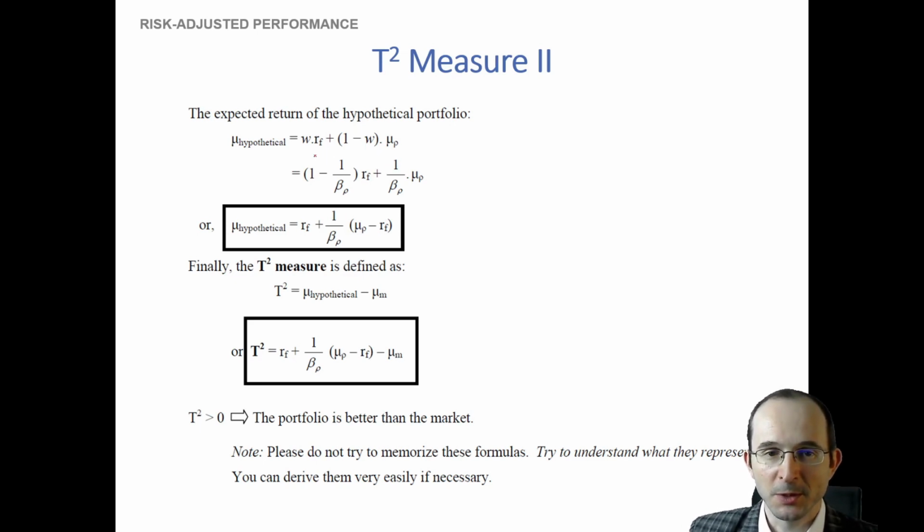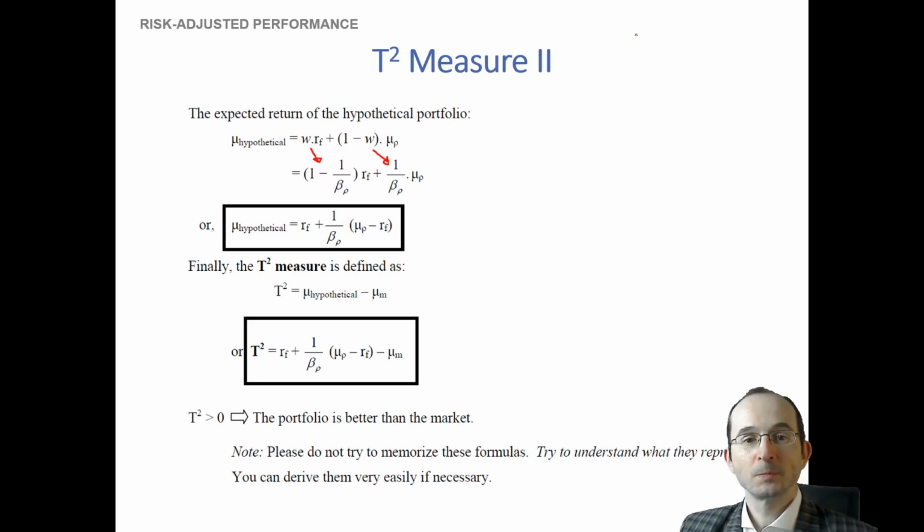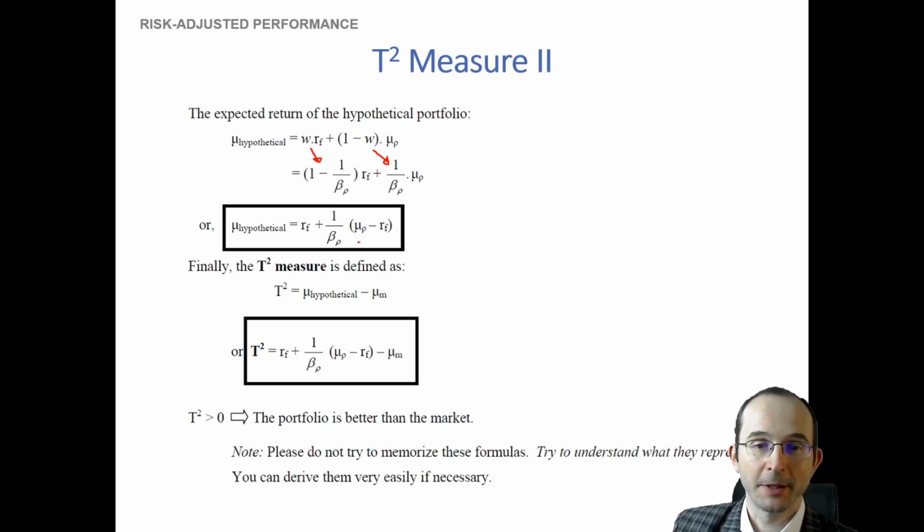Now let's just substitute in our expressions for W and for 1 minus W. And there we have a calculation for the hypothetical expected return.